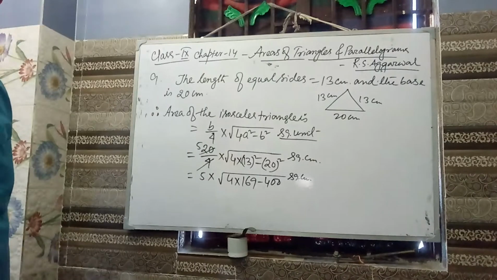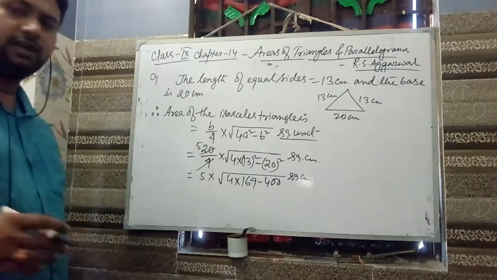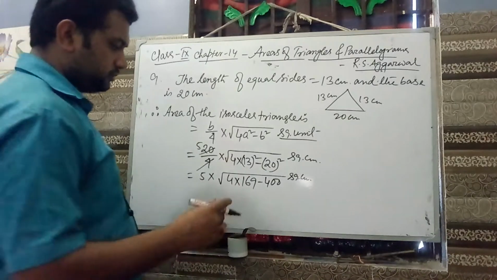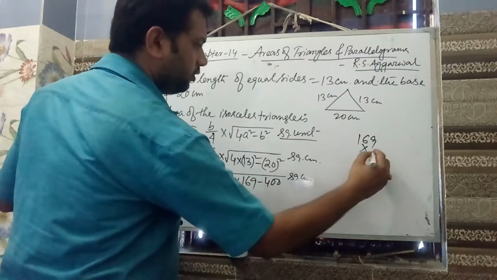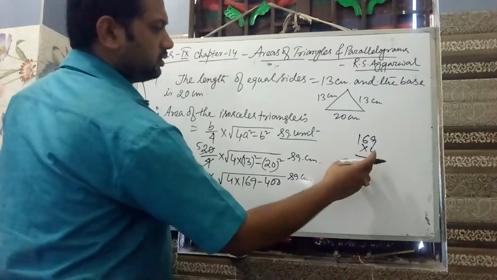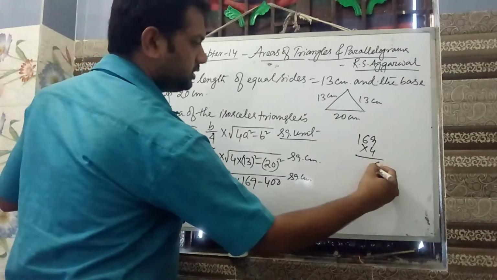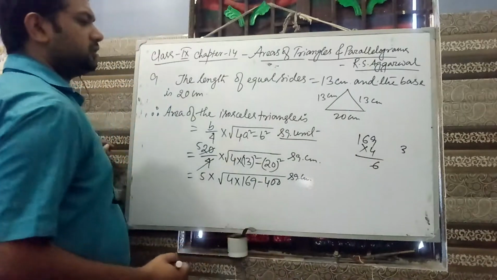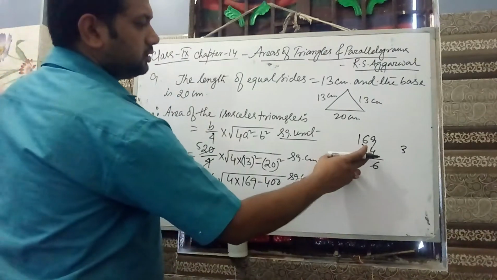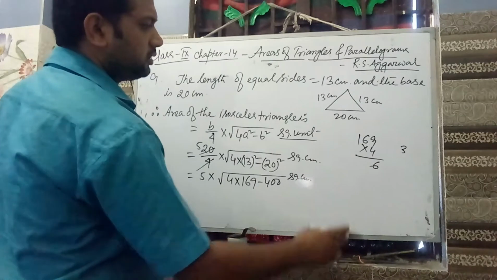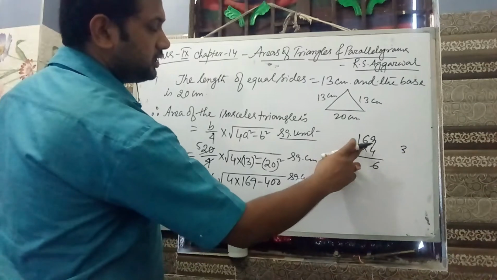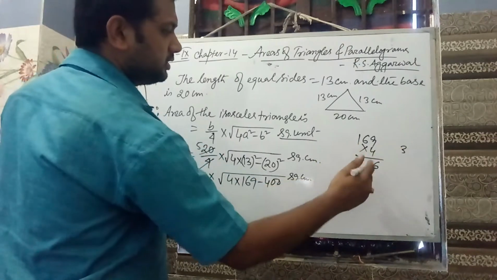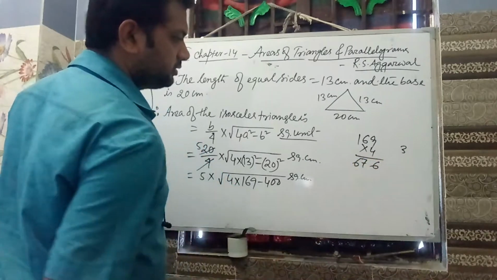Someone is saying 83.06 square centimeter. Let us check. 169 into 4: 4 nines are 36, 6 and 3 in hand. 6 into 4 is 24, plus 3, 27. So 676.